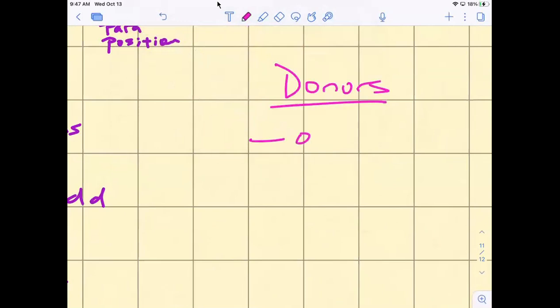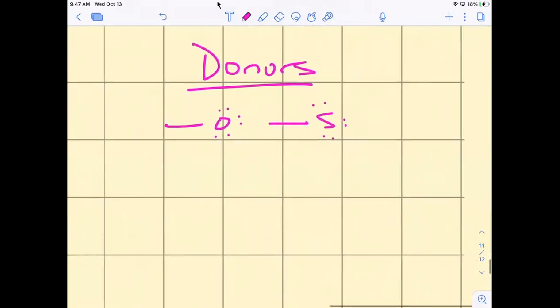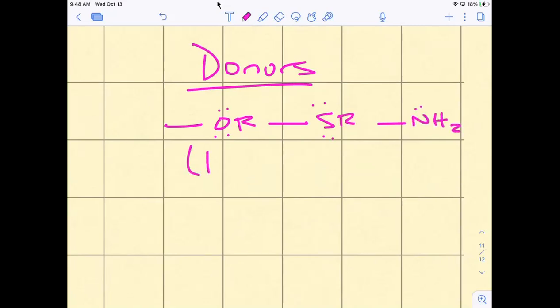Right, of course, any heteroatom with electrons on it, like oxygen, sulfur, nitrogen, can be a donor. It can donate electrons back into the ring, right?